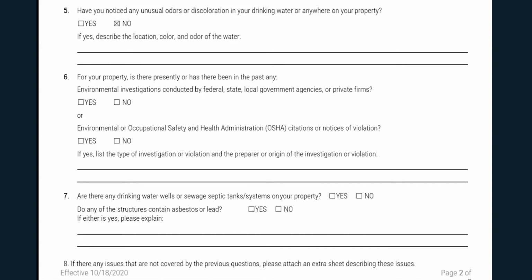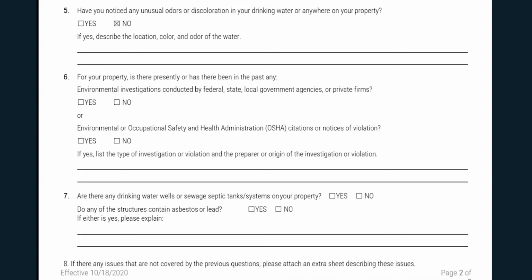Number 6 asks 2 questions. The first is, is there presently, or in the past, have there been any environmental investigations conducted by federal, state, local government agencies, or private firms? The second question asks, is there presently, or in the past, have there been any environmental or occupational safety and health administration citations or notices of violation?